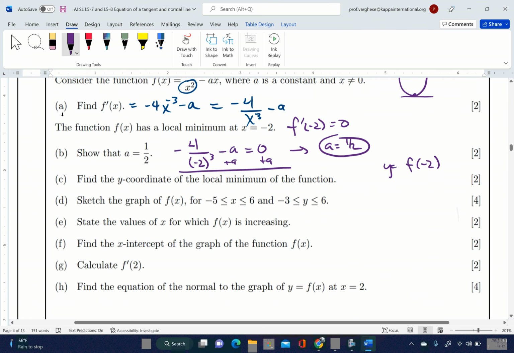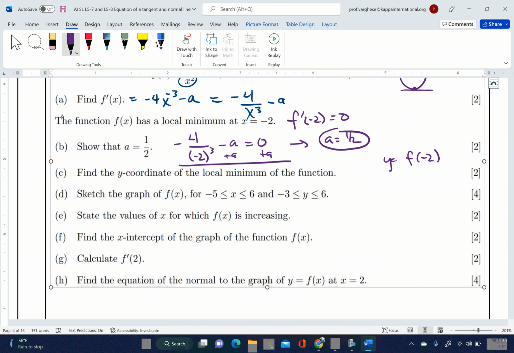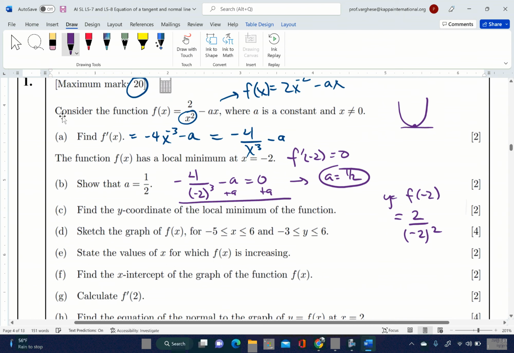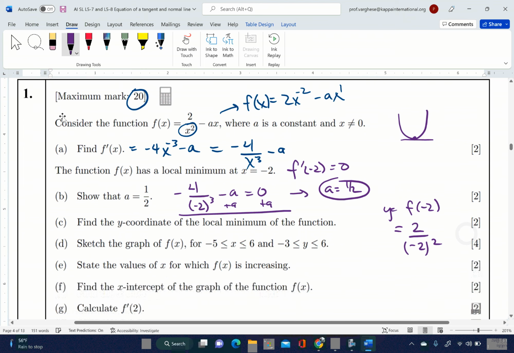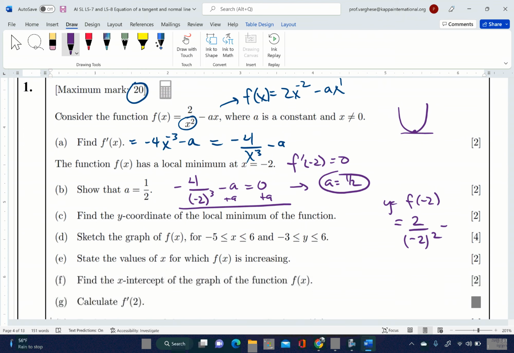And so to do that, I have y is equal to, and I'm going to do 2 over -2 raised to the second power minus, and now I know that my a is equal to 1/2, so I can plug in my 1/2 here, and I'm going to multiply this by -2, right, because my x is -2.